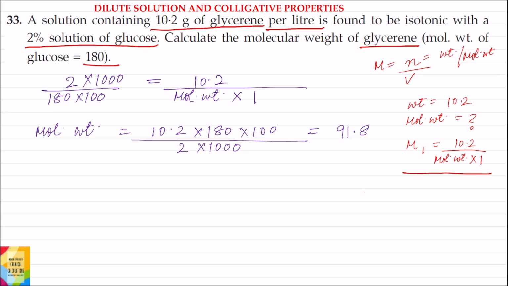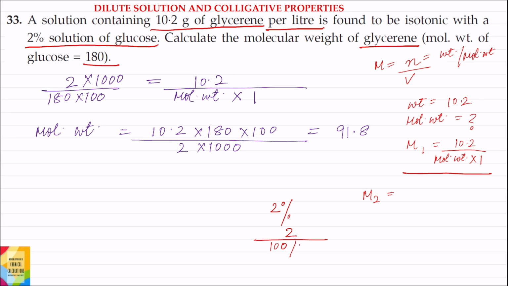Now molarity of glucose solution, let it be M2, will be equal to, now the glucose solution is a 2% solution of glucose. 2% solution of glucose means weight of glucose is 2 gram divided by volume of solution, which is 100 milliliters. Now this has to be converted into liters.